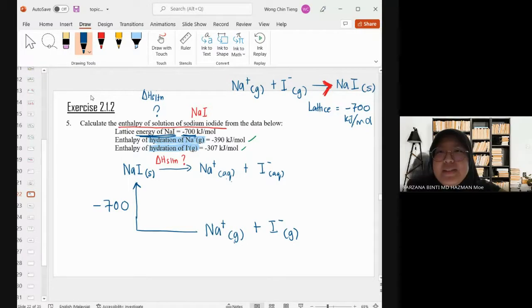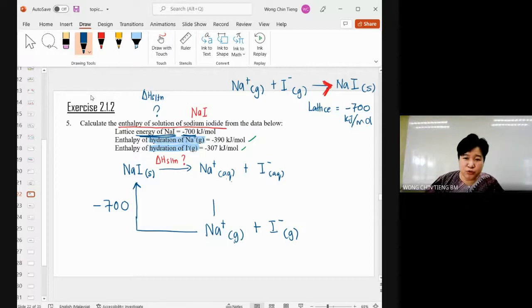Toward aqueous. Arrow towards aqueous. Setuju kelas? Arrow towards aqueous yakni negative 390 kilojoule. I minus gas kepada I minus aqueous yakni negative 307 kilojoule.